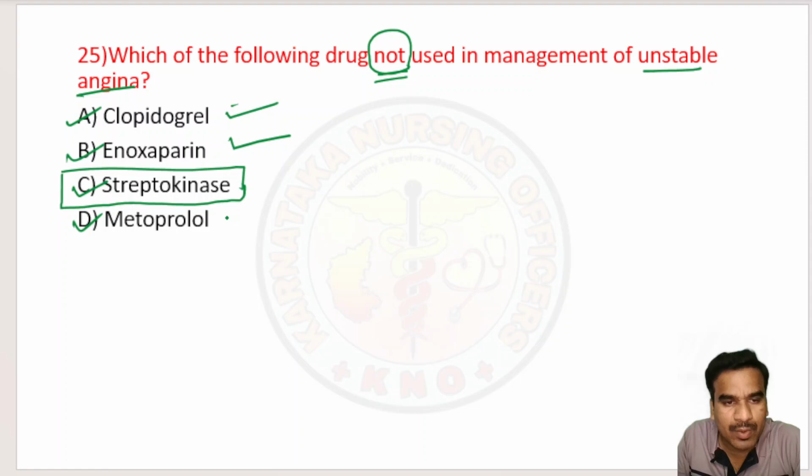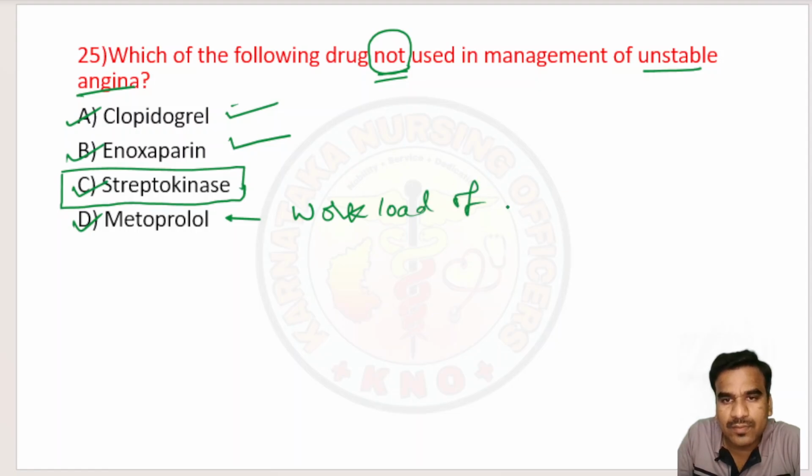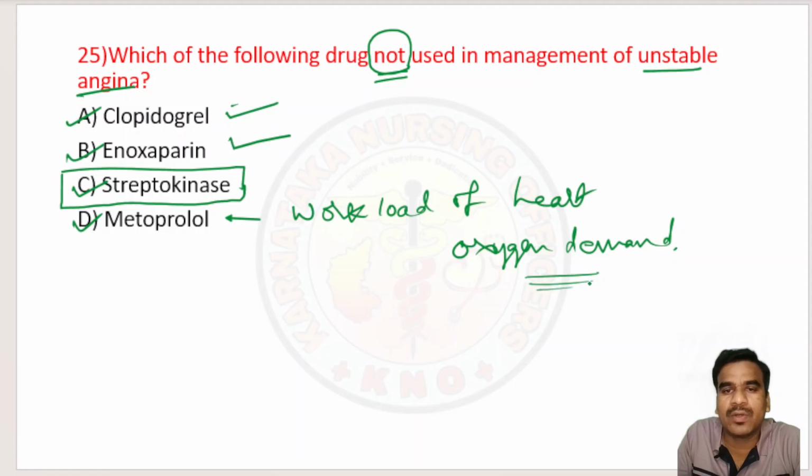Why are we using metoprolol? Metoprolol is a beta blocker. It will reduce the workload of the heart and the oxygen demand.